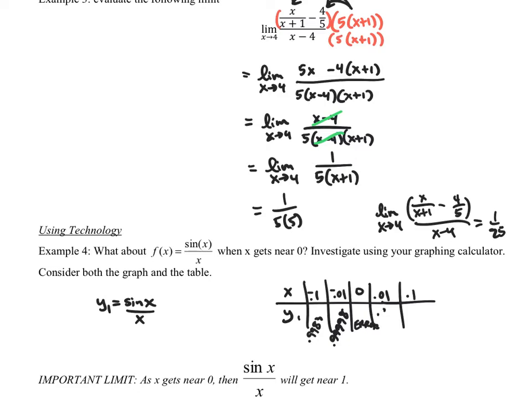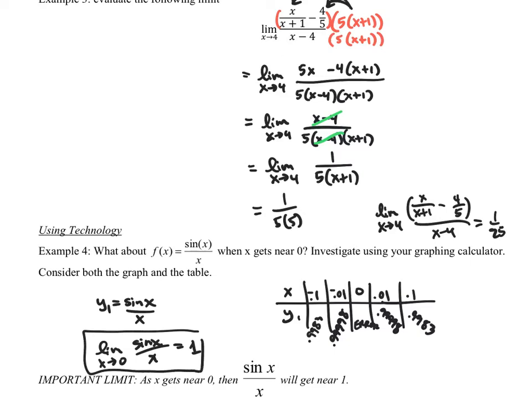And then we get the exact same values for the positive inputs, 0.01 and 0.1: 0.99998 and 0.9983. So clearly we can see that the limit, and if you went further out, you'd be able to see it even better, but the limit as x goes to 0 of sine of x over x is equal to 1. This is a limit that you're going to want to memorize. Okay, memorize that. That's one of a few limits that are going to show up very often.